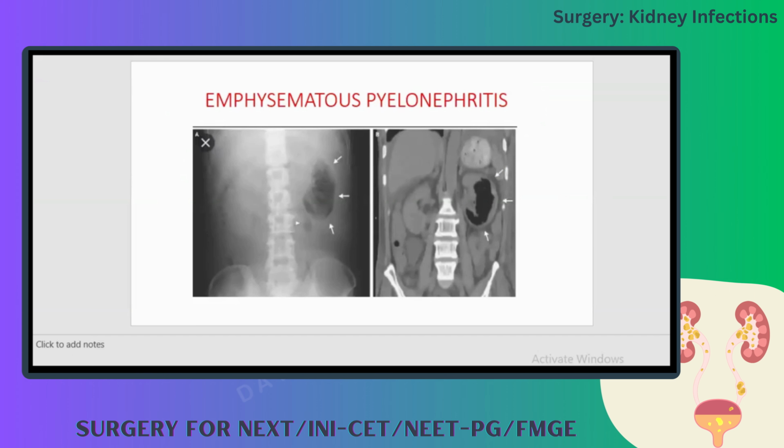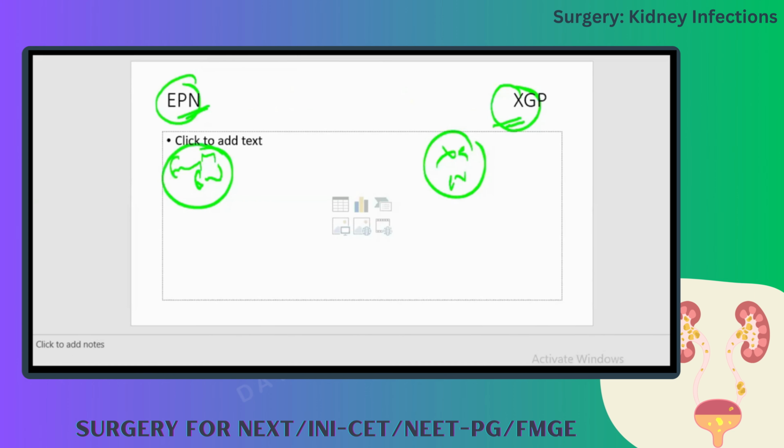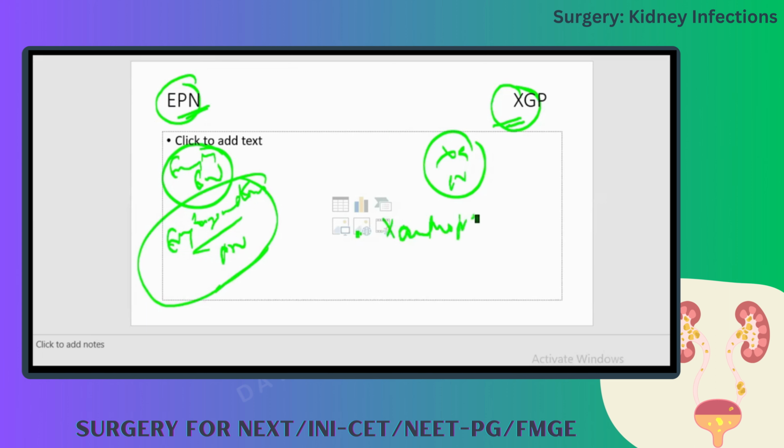Emphysematous pyelonephritis is nothing but presence of gas in the kidney. XGP is xanthogranulomatous pyelonephritis, presence of xanthomas, which are lipid-laden macrophages, in the kidney. Clear?